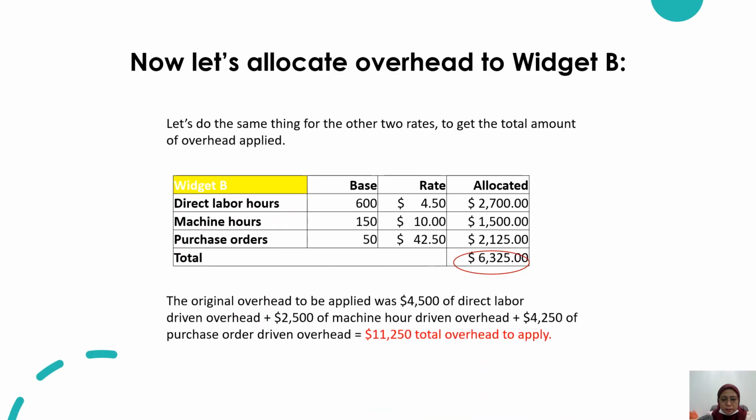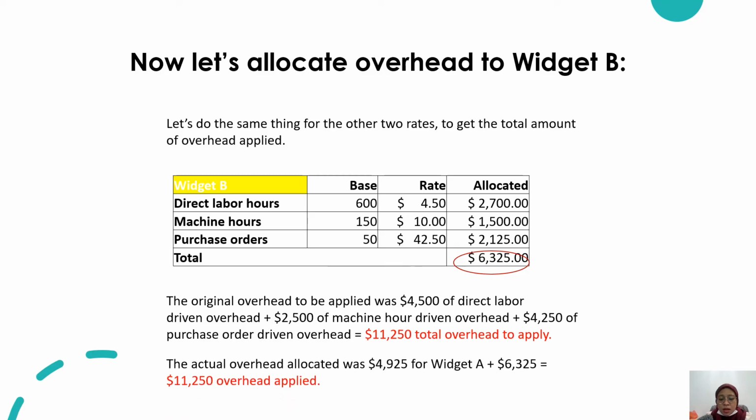The original overhead to be applied was 4,500 for direct labor driven overhead, plus 2,500 machine hour driven overhead, plus 4,250 of the purchase order driven overhead. So the total is 11,250 total overhead to apply.